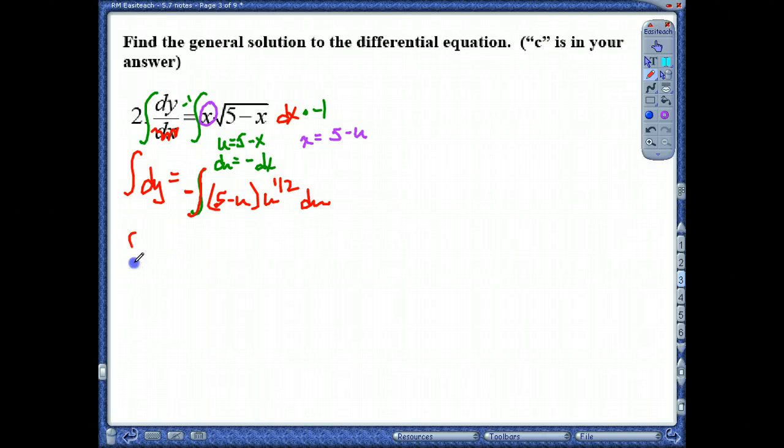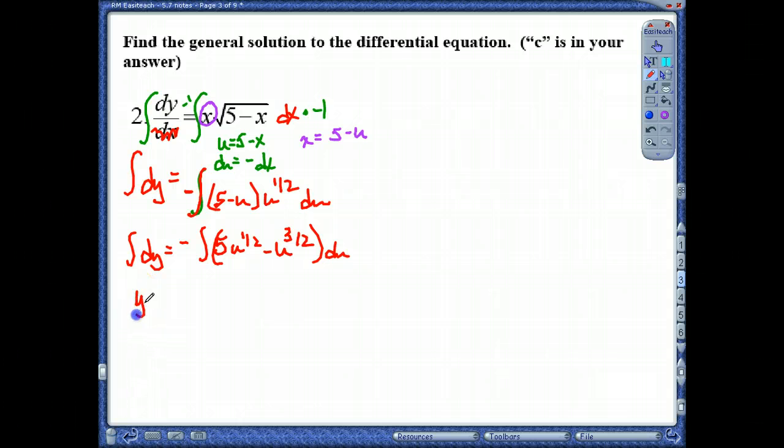Need a little bit more work here before I can get to my integration. So 5 times u to the 1/2 power is 5u to the 1/2 power. U times u to the 1/2 power is u to the 3/2 power. Now I can integrate that.